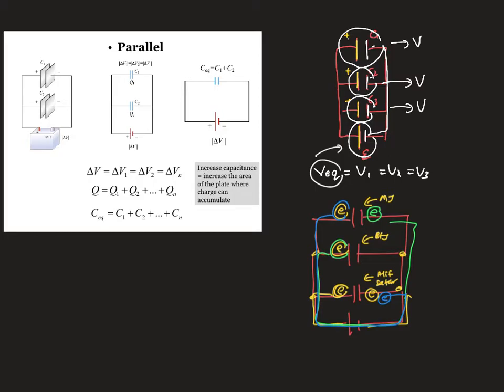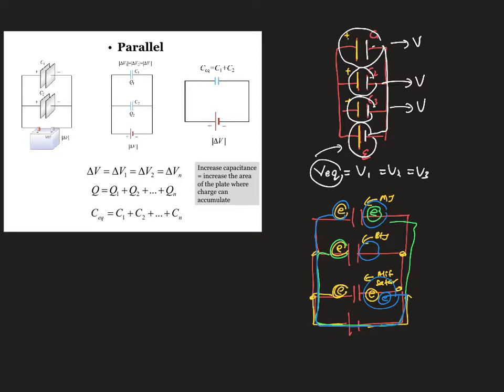But it also depends on the capacitance. Larger capacitance definitely means more charge can be put there, compared with a small capacitance. That's the reason why the amount of charge for each plate is going to be different.